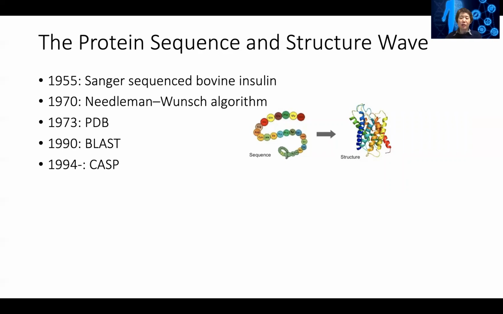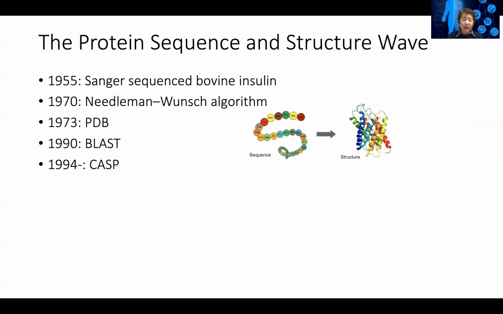And so over the years, people were using protein crystallography to solve the protein structure, but this is a very laborious process. And so there are computational approaches trying to predict the protein structure purely based on sequence.